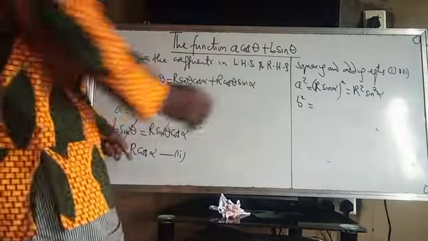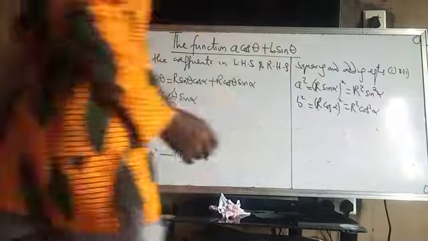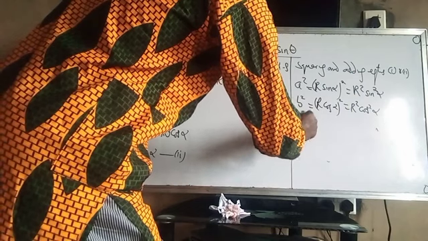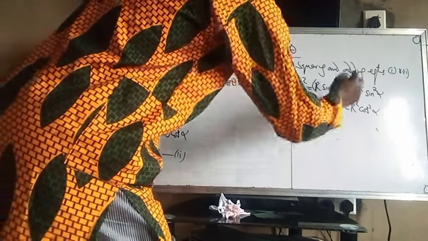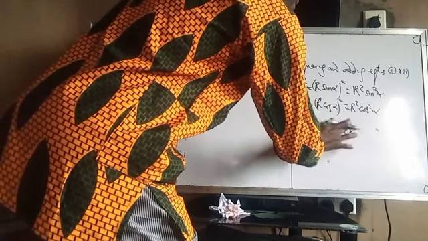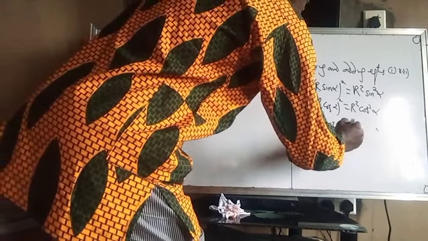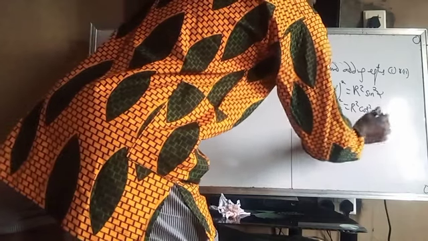For the next one, b square is equal to r cos alpha all squared, which gives us r square cos square alpha. Adding them together, we have a square plus b square is equal to r square sine square alpha plus r square cos square alpha.